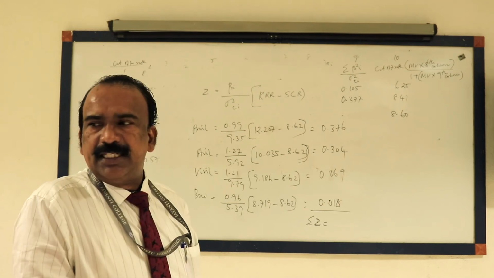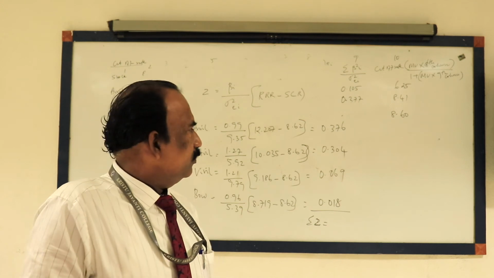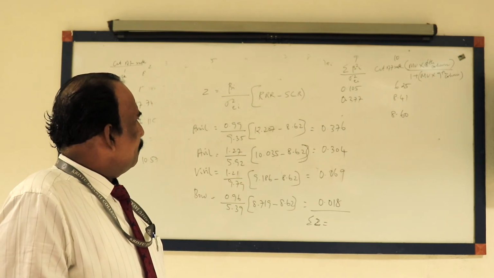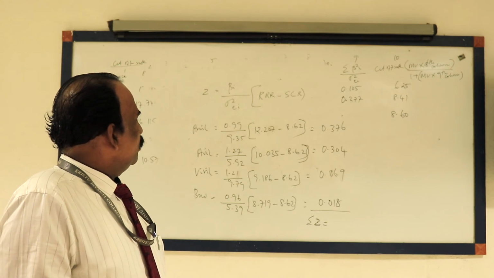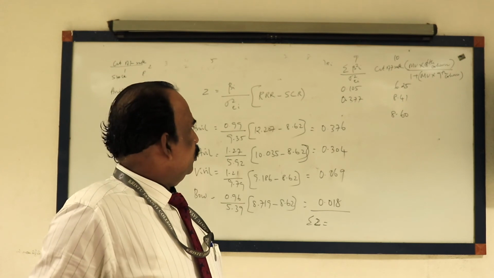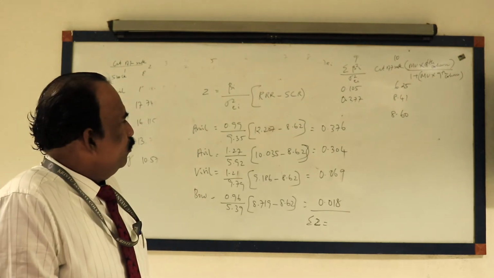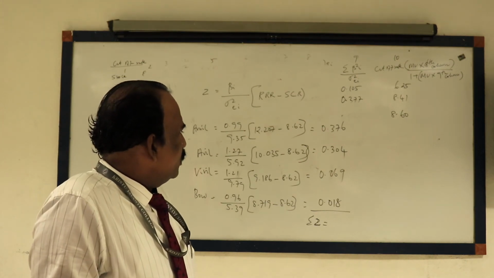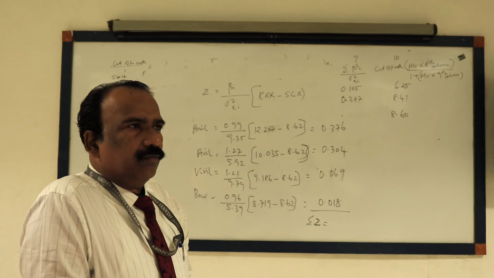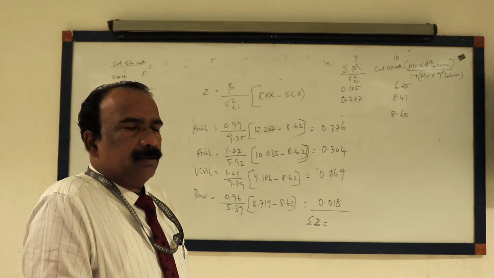Second one is 0.304. So total sigma z is equal to 0.376 plus 0.304 plus 0.069 plus 0.018. How much comes? 0.767.